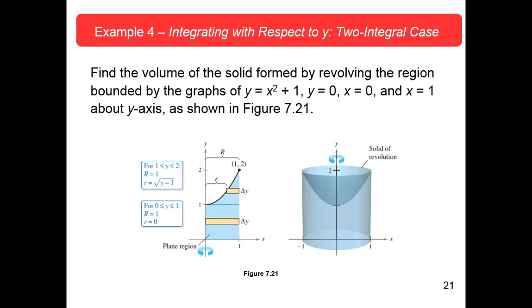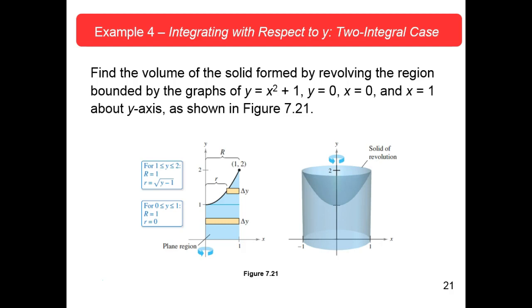Now, the reason you have to do two integrations is you do this part and that part. You can't do them the same because your delta y, your rectangle, is the same here, but here it's going from y equals 1 to this, and here it's y equals 1, y equals 0.